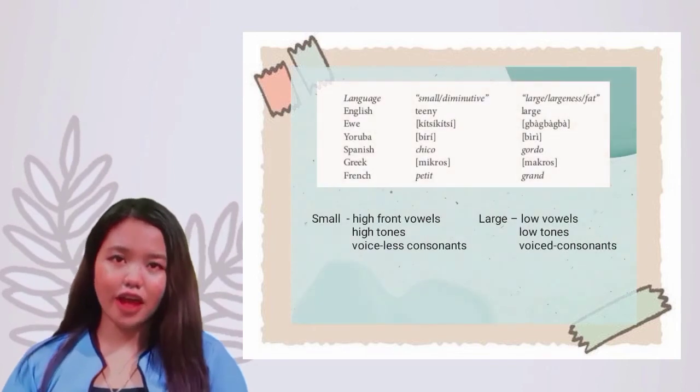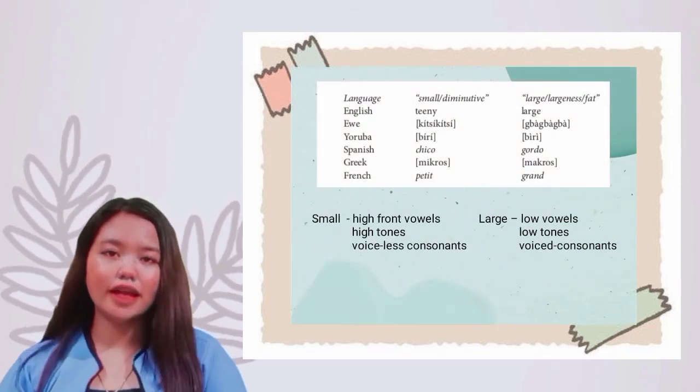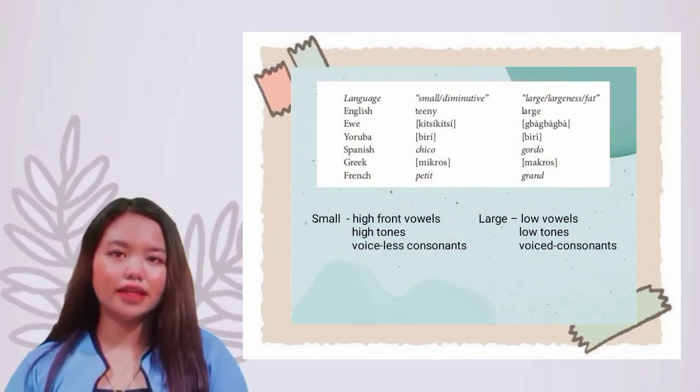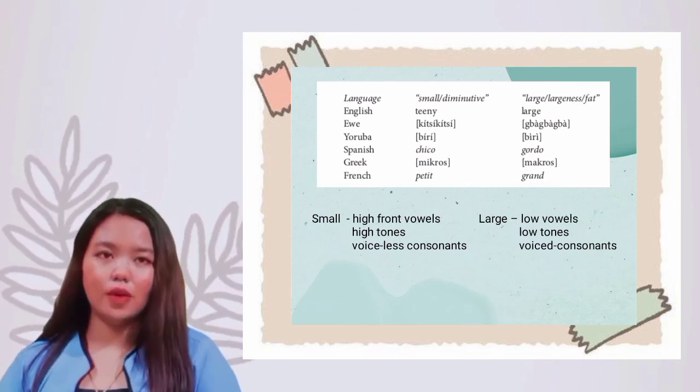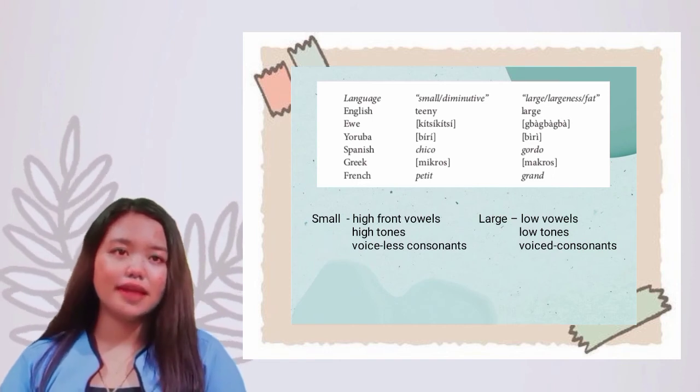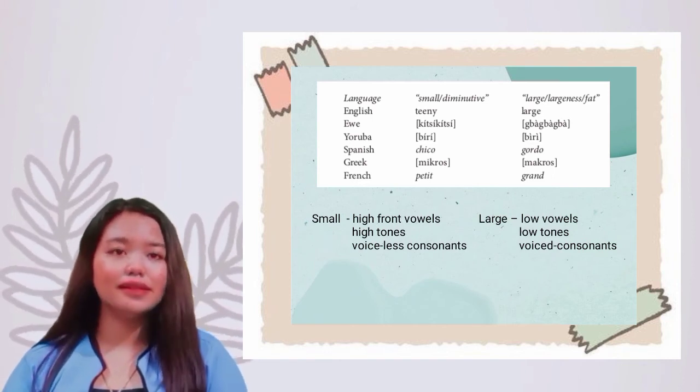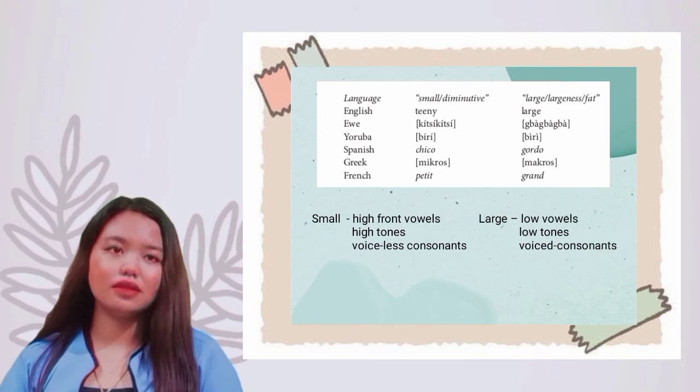This and other evidence seems to support the contention that small is associated cross-linguistically with high front vowels, high tones, and voiceless consonants, and big with low vowels, low tones, and voiced consonants.